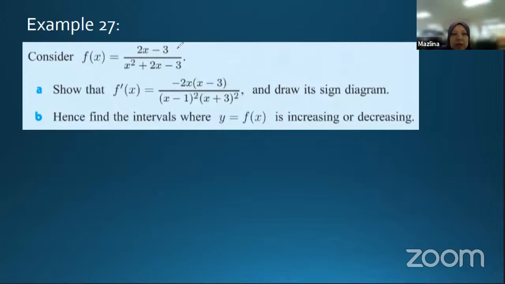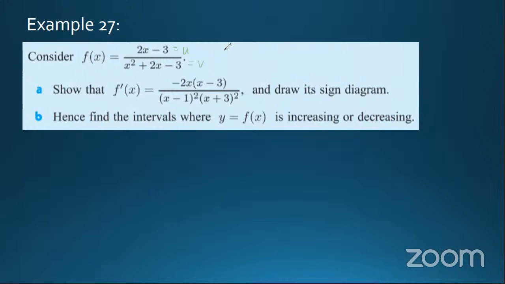Your numerator is u and your denominator is your v. So what is your u prime? U prime is 2. V prime? V prime is 2x plus 2.